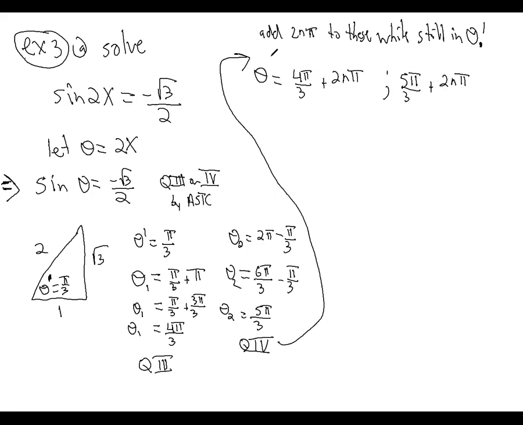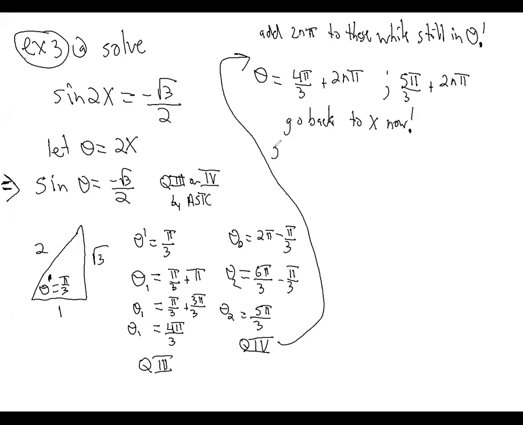But we said our original problem was in x, that's our standard variable. We've got to go back to x. Now, you can only do this after putting those 2n pi's in there. If you do that after, it's going to mess things up because the period under theta is different than the period under x. So instead of writing theta, we're going to write 2x, because theta is 2x.